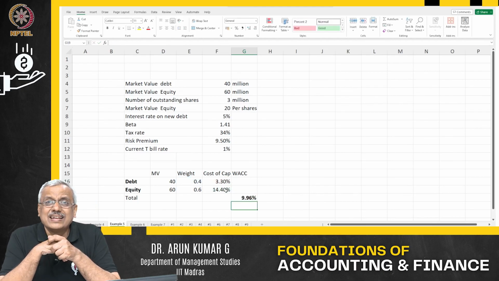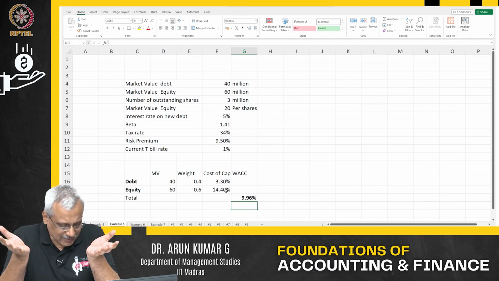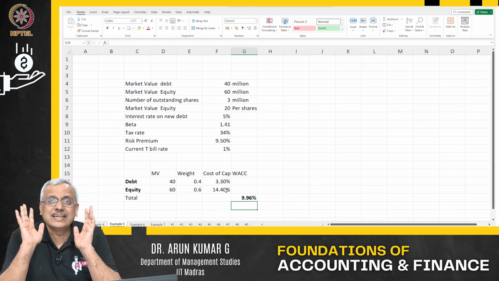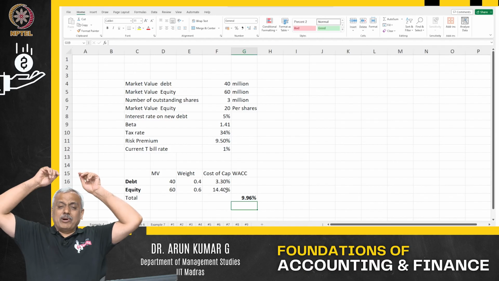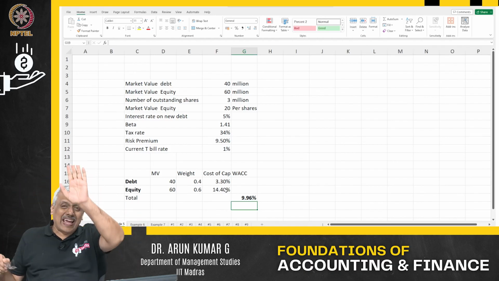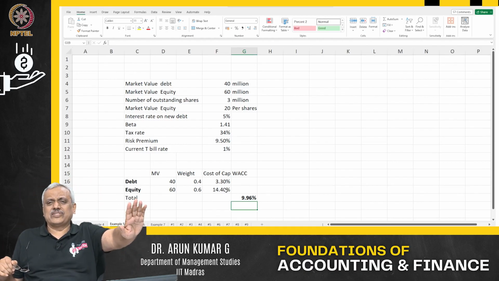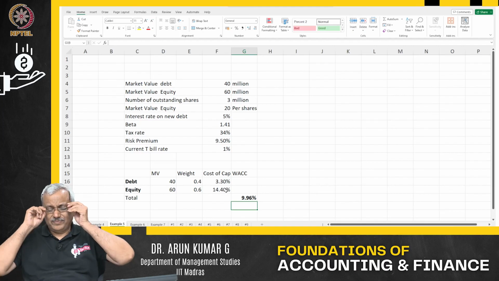My WACC in this case is 9.96%. That is what we arrive at. Just multiply by the weights. So what is the cost of capital of this firm? The cost of capital of this firm is about 9.96% on an average. Weighted average cost of capital for this firm is 9.96%.